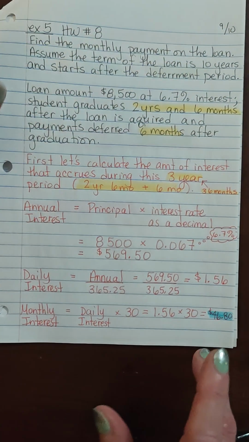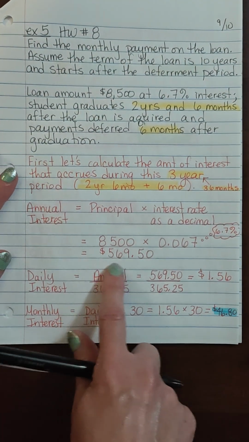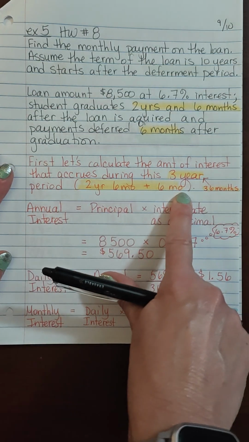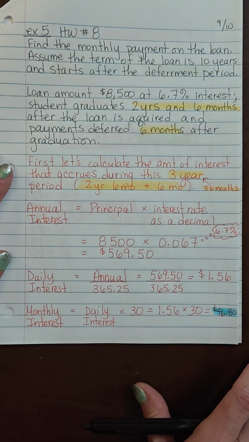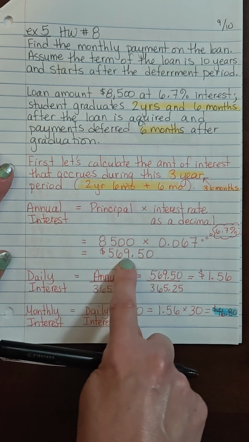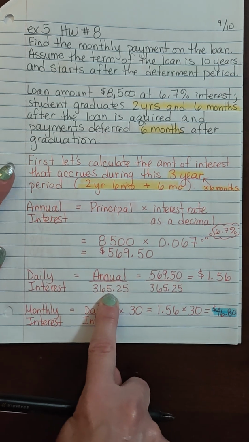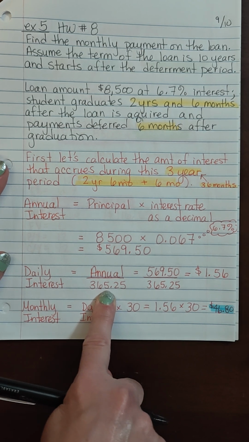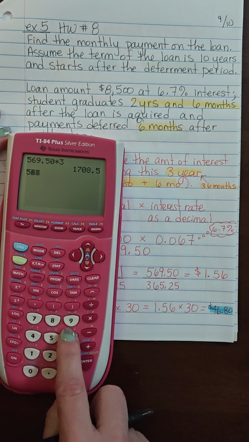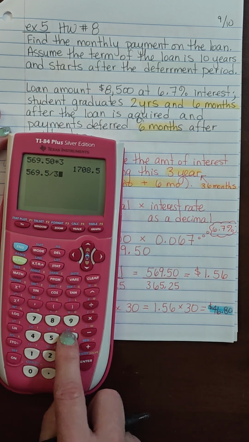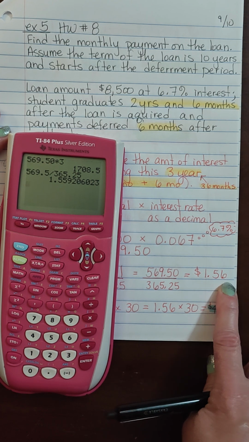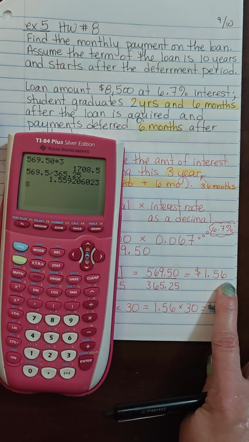So now, as tempting as it would be to just multiply that annual interest times 3 years, we are going to have to use months, okay? 36 months. So annual interest, dividing it by the number of days in a year. So that is right here, 569.5 divided by 365.25. Rounded to 2 decimal places because it's money.